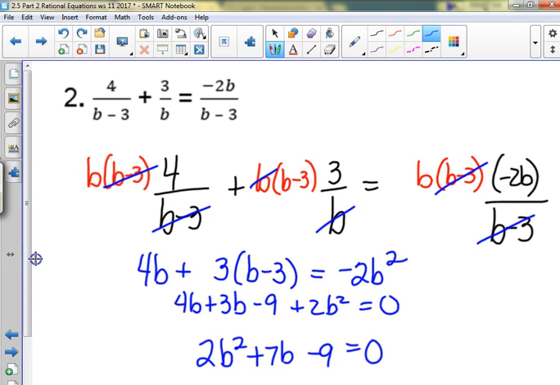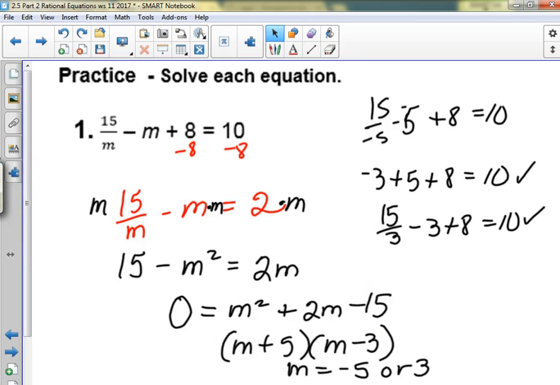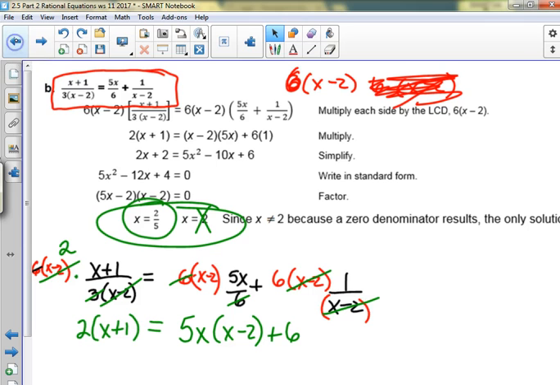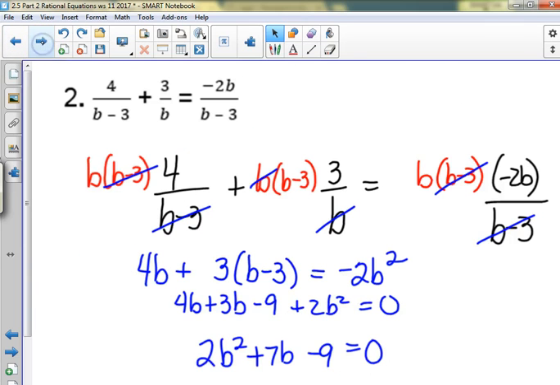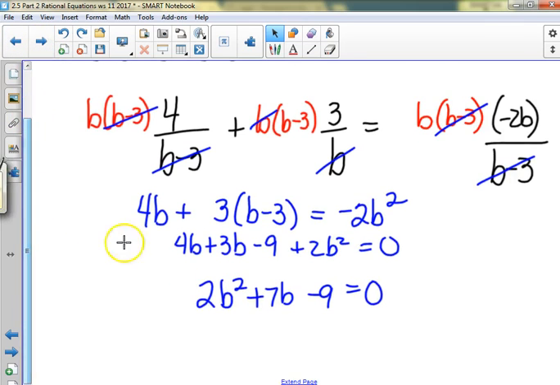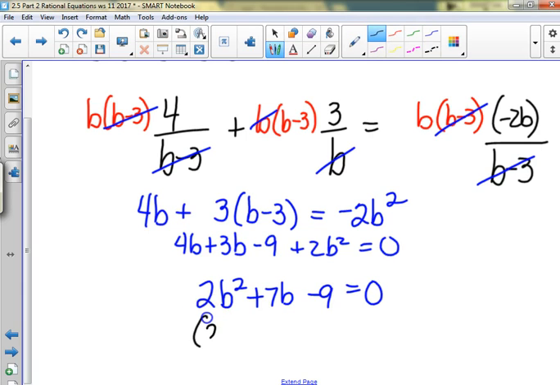Ew, does that factor? Oh, good. I was getting nervous. My brain didn't feel up to quadratic formula. It's possible you could have to do quadratic formula, but this one you're telling me factors.